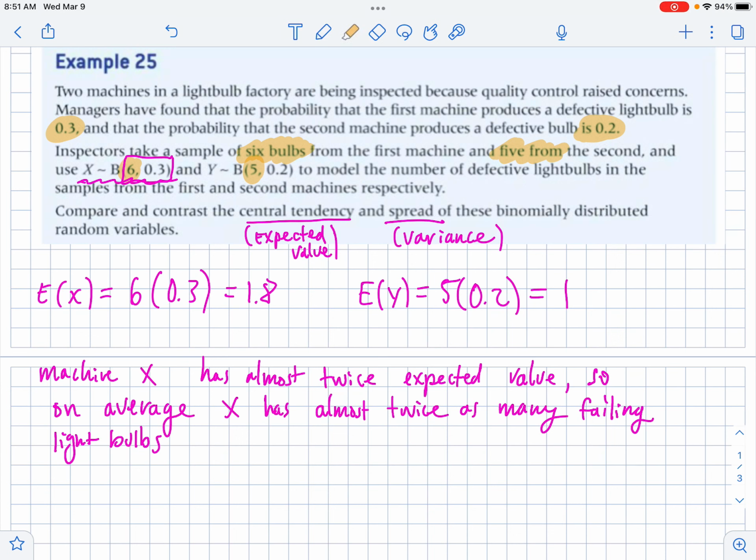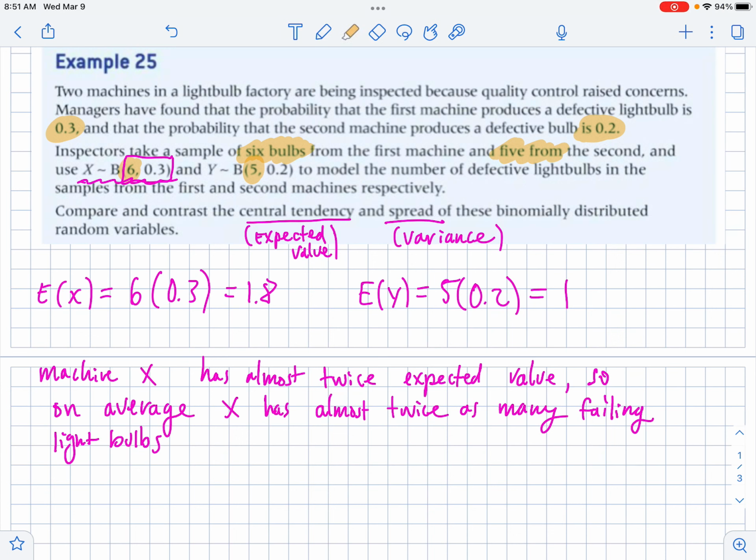Now, that was us looking at the central tendency, which is just code for the expected value. It's like the average. Now we're going to look at the spread. So the formula for variance is you take n times p and then multiply it times 1 minus p.